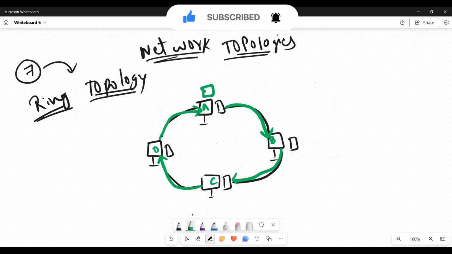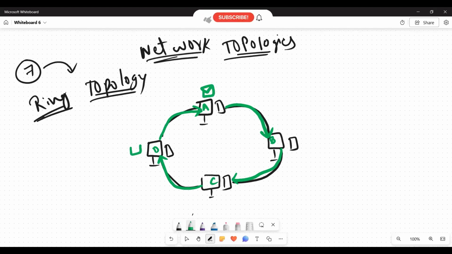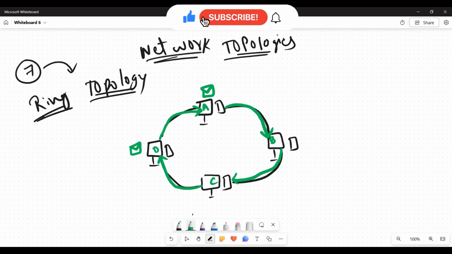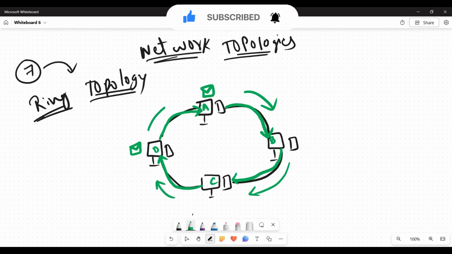So A wants to send some data to D. At this moment, you can say D is right beside A, so we could directly transfer from A to D. But we have a major issue: in this ring topology, we can use only the clockwise direction, and we cannot use the anti-clockwise direction.